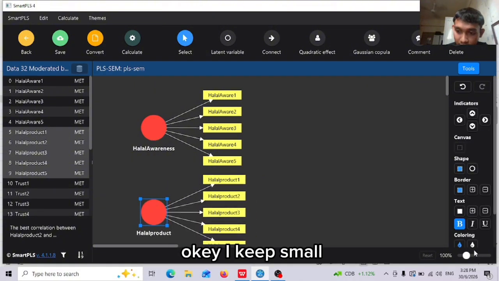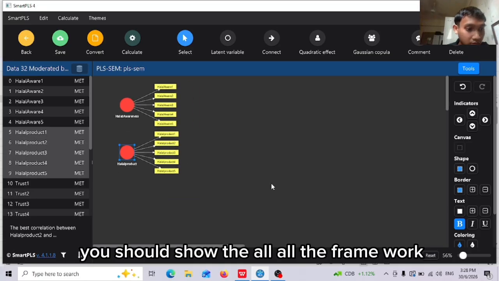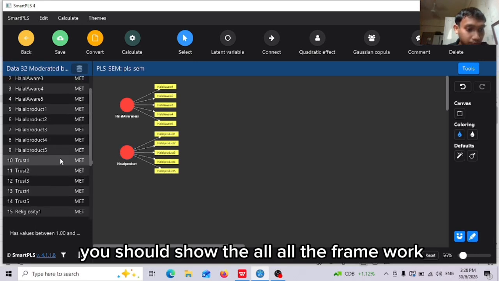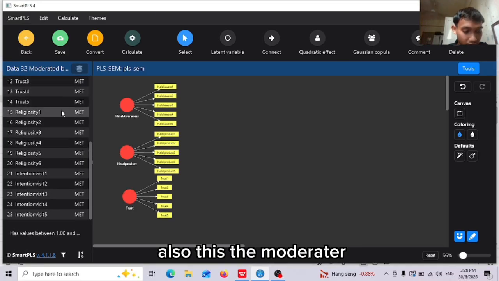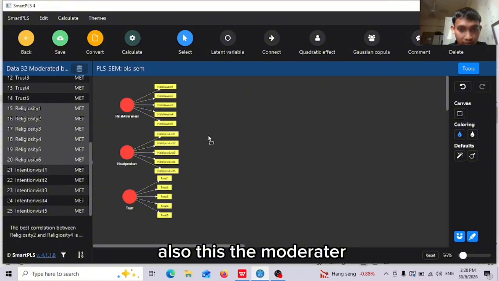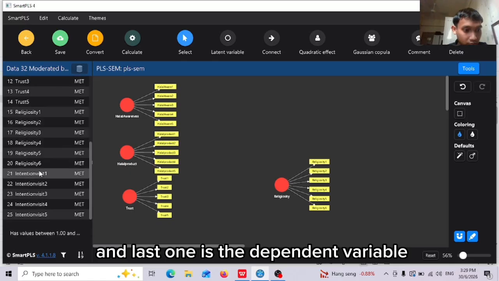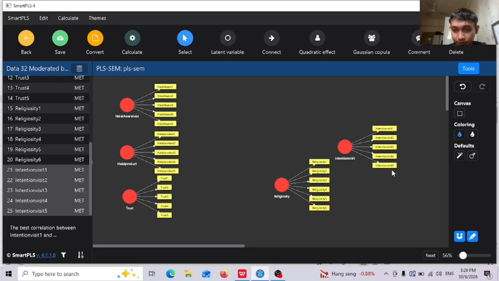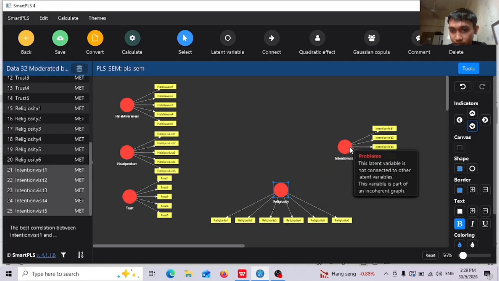Then trust, then the moderator, check the indicators, and the last one is the dependent variable.